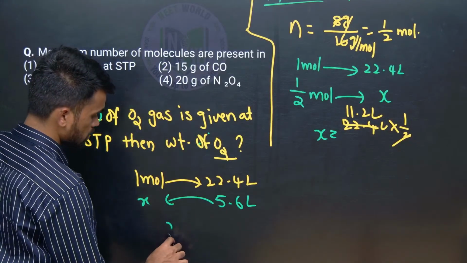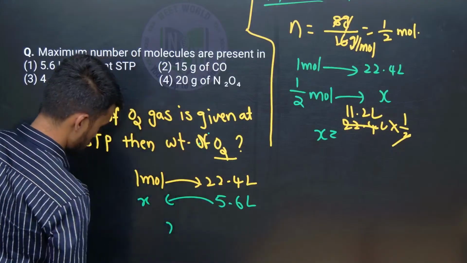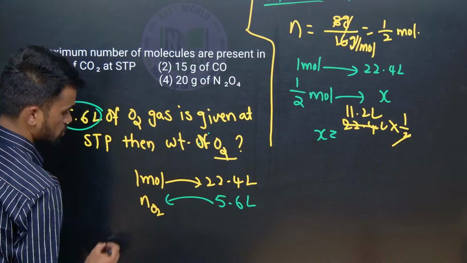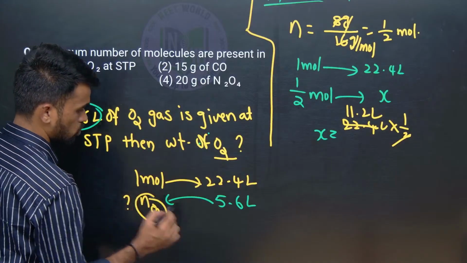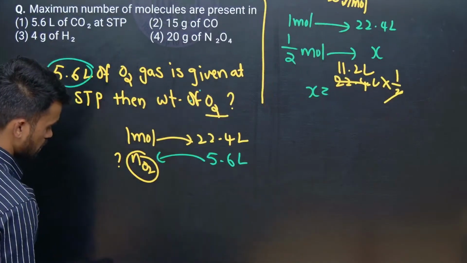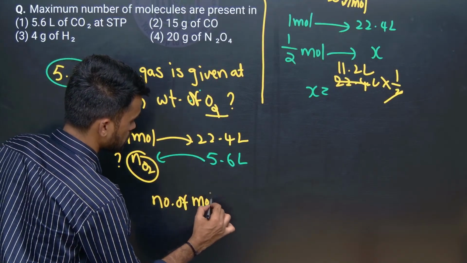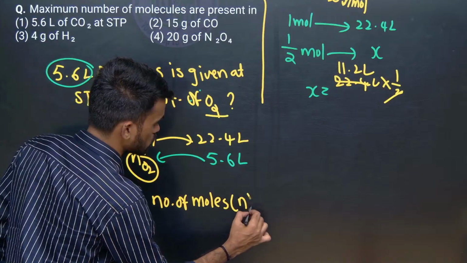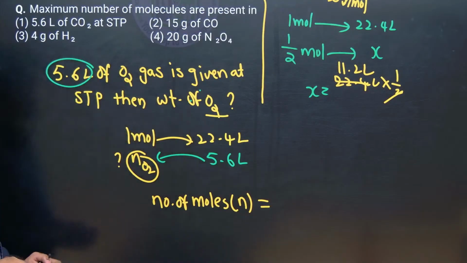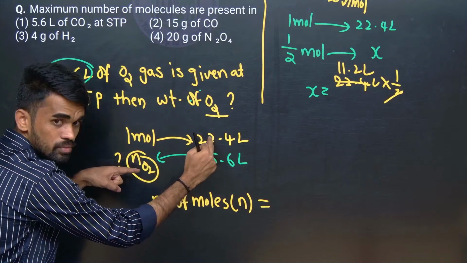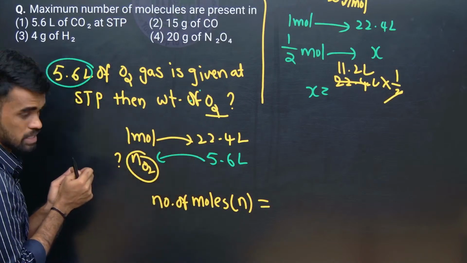Let us say this is N moles of NO2. We need to get this value. So I can generate a formula now. Number of moles N equals, just see here, this one into this one and this one into this one, which are equal, right?